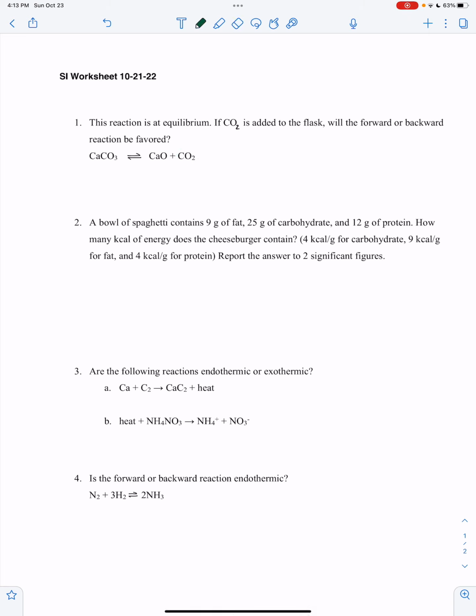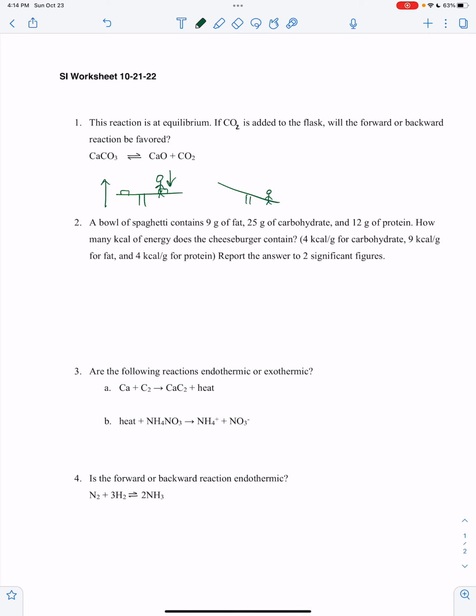So I kind of think of it as like a seesaw almost. If we draw a little seesaw structure, if you add more weight onto this side of the seesaw, this side is going to go up, right? If we add a person over here, it will then look like this.